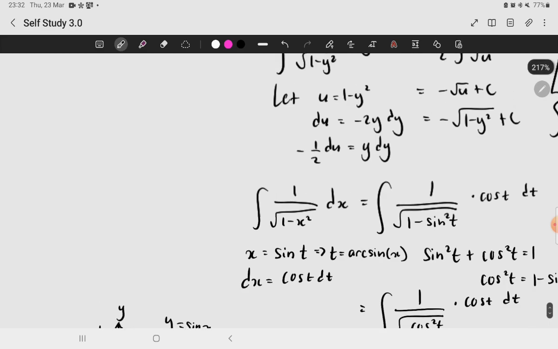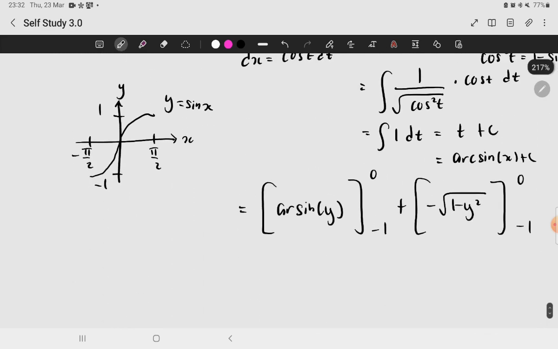From this graph, it satisfies the horizontal line test. Now, one of the ways to obtain the graph of your inverse function is to use the line y equal to x and reflect the function.